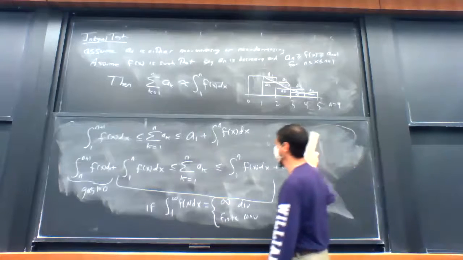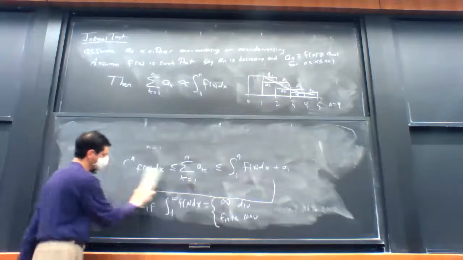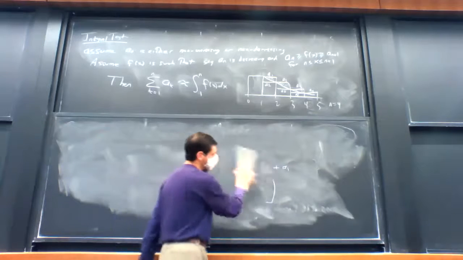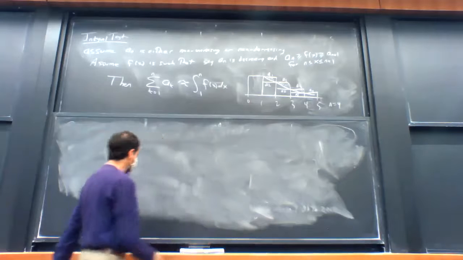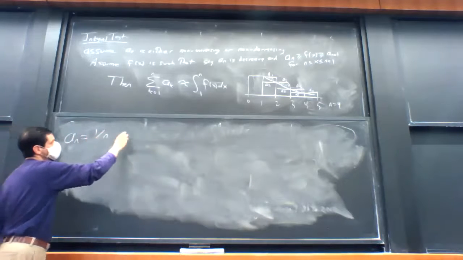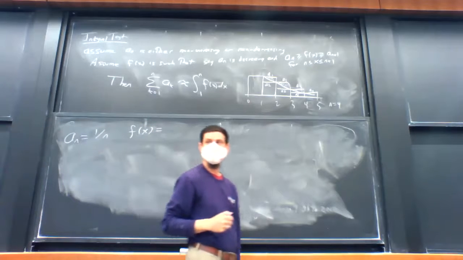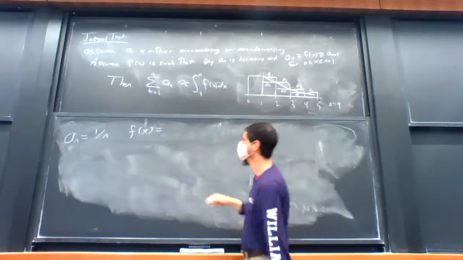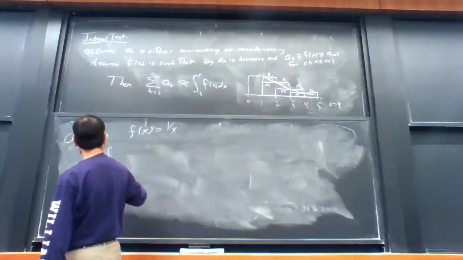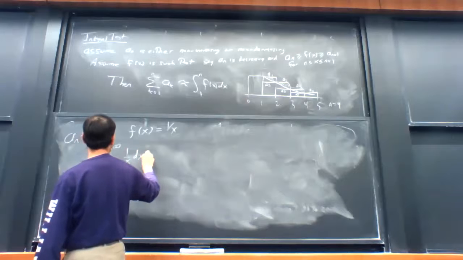So let's do the standard example. You have to figure out what function to use, and in almost every case, it's replace n with x. So let's say I give you an equals 1 over n. What should f of x be? 1 over x. And so we integrate from 1 to infinity of 1 over x dx.